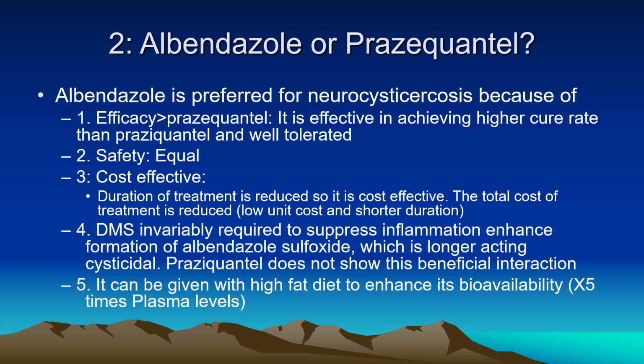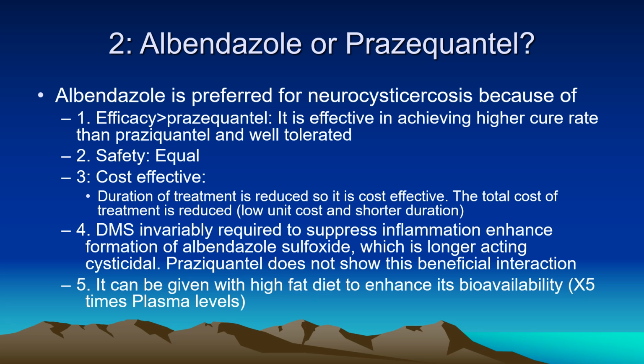Second, it is safer, that is, both are equal, and third, it is cost effective. Unit cost is less, duration is less, so total cost is less, and frequency of administration is usually once or twice daily as compared to praziquantel, which is usually given in 3 divided doses.